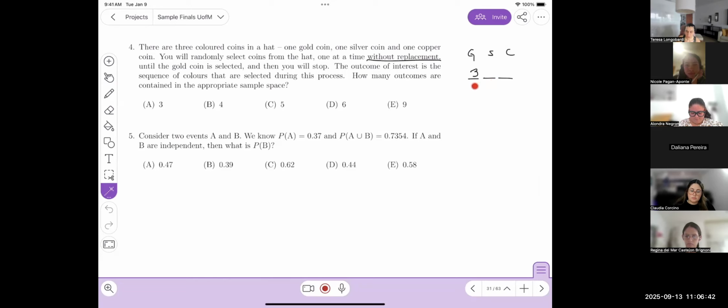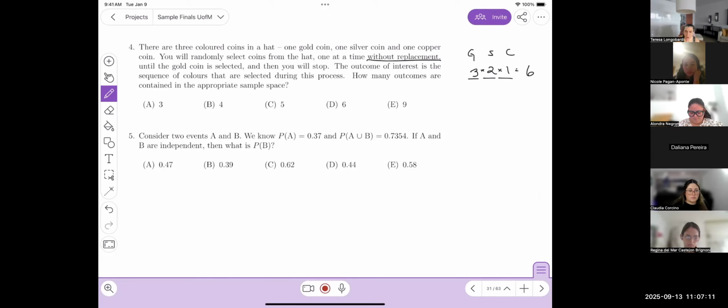So the first one I pick can be three options. And the second one, how many can it be? Only two because I picked one already. And in the third, there's only one left. So this is a way to figure out how many there are. So there's going to be 6 possibilities if that's how I choose.